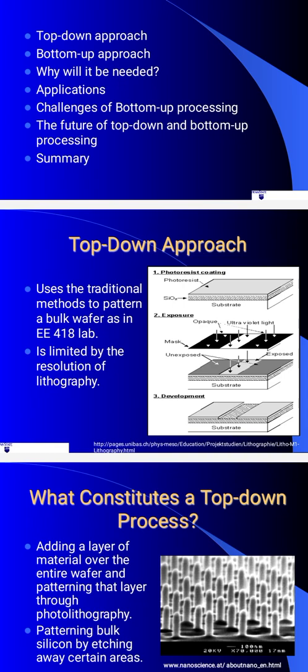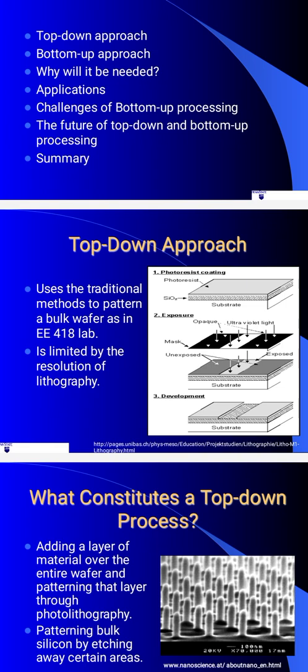This is a traditional method, and the limitation of this method is the wavelength of the light. Whatever wavelength we use, here we are using ultraviolet light, which has a wavelength of around 300 to 400 nanometer. So in that region only we can make the structure. Below that wavelength region you cannot make the structure size.